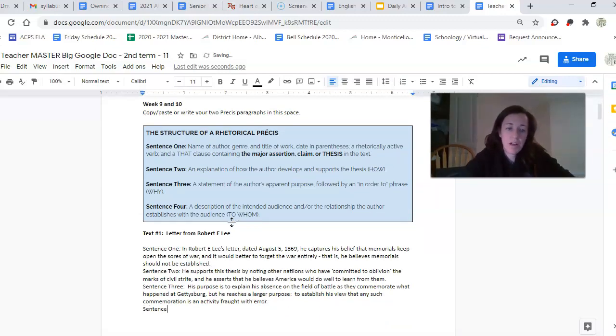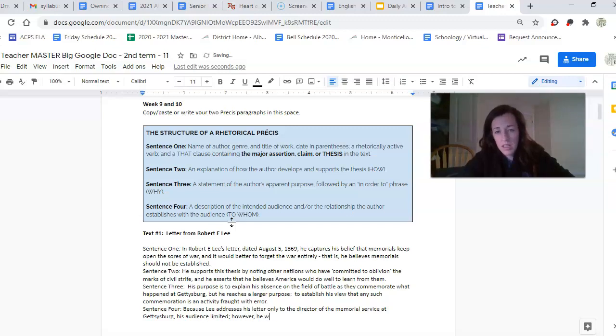All right, sentence 4, a description of the intended audience. Because Lee addresses his letter only to the director of the memorial service at Gettysburg, his audience is limited.